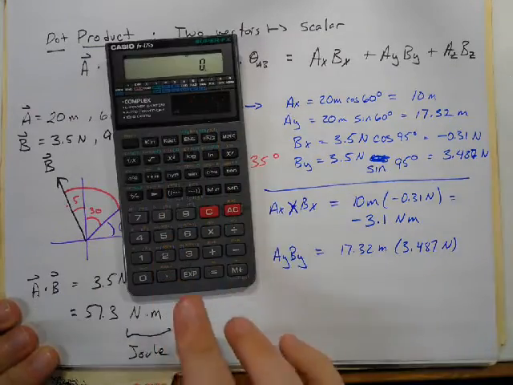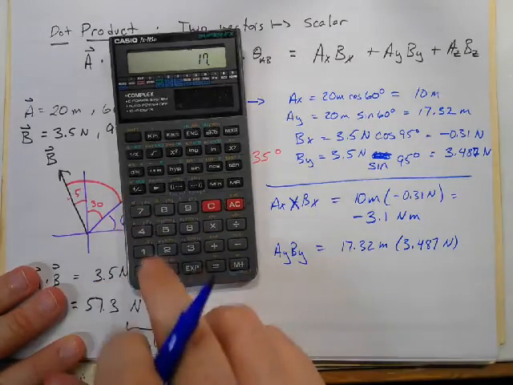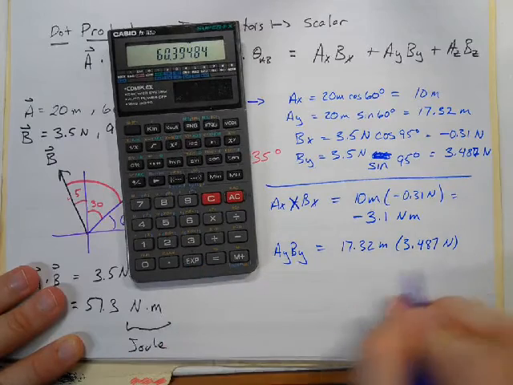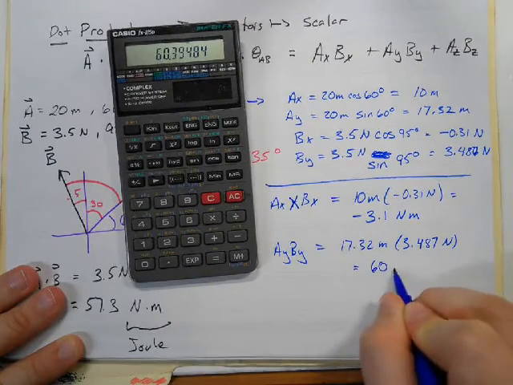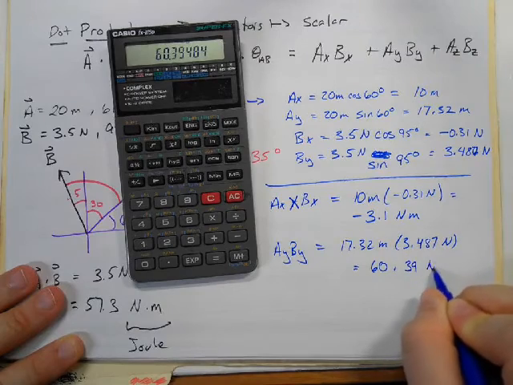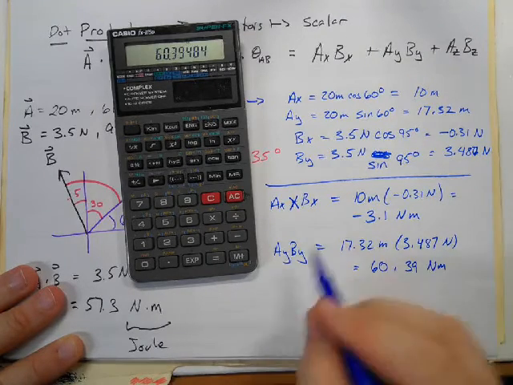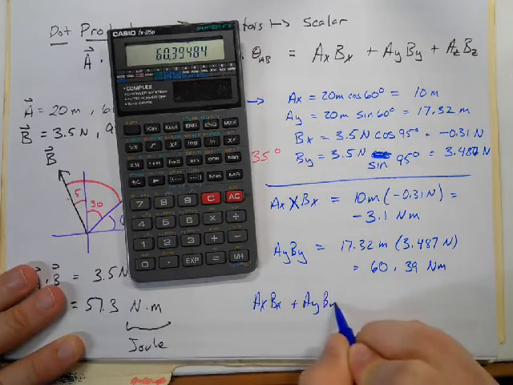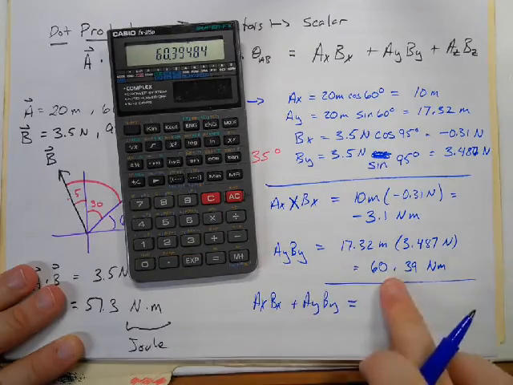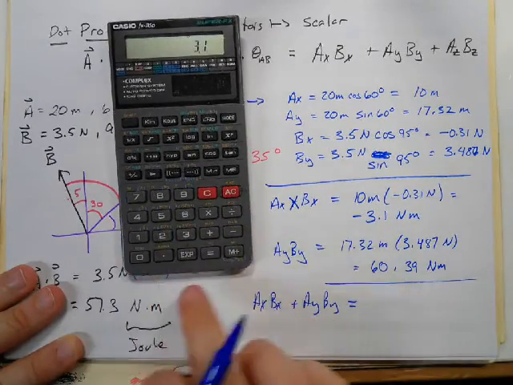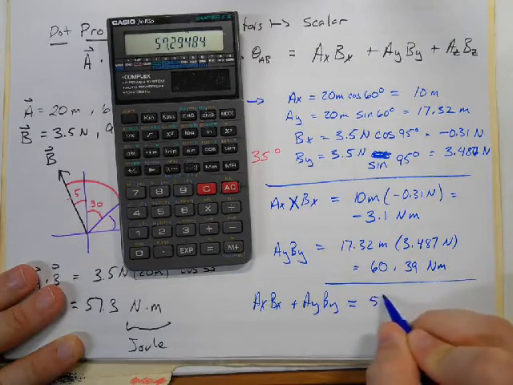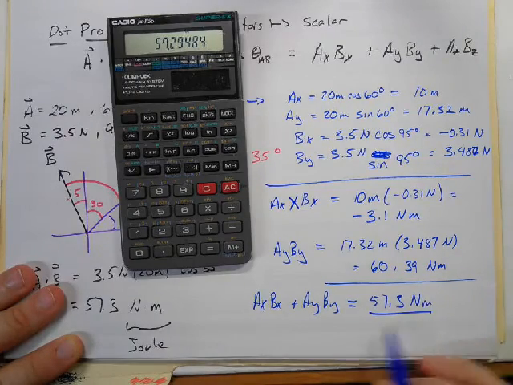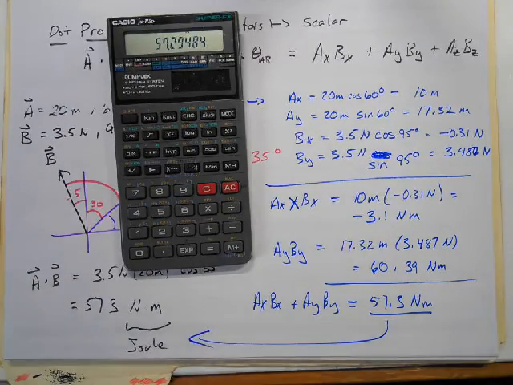I don't know what that is off the top of my head, so 17.32 times 3.487 is 60.39 Newton meters. And so we do AX BX plus AY BY, and that is 60 minus 3.1, 57.3 Newton meters. And that is the same answer we got there.